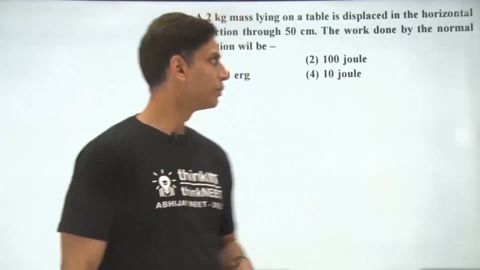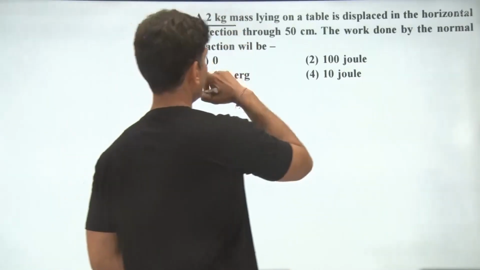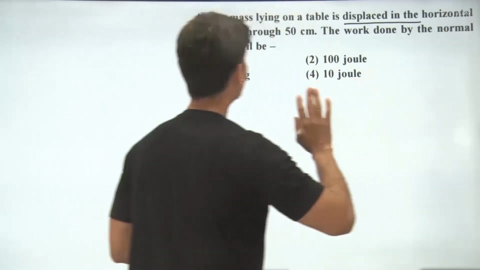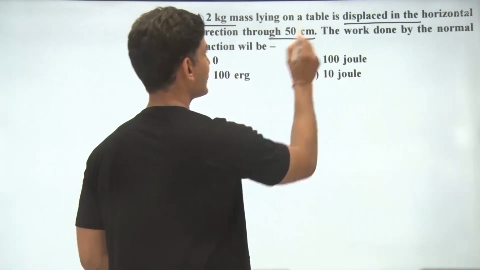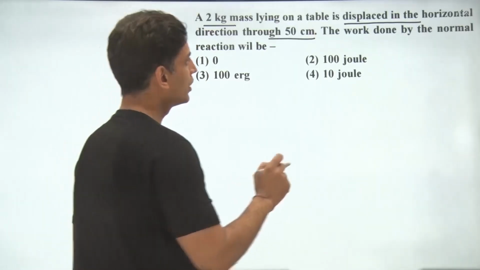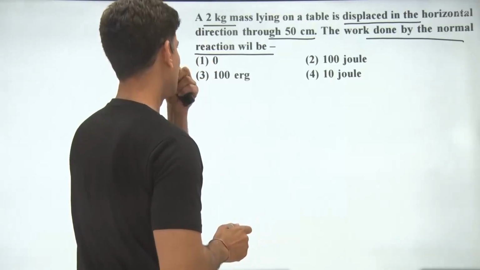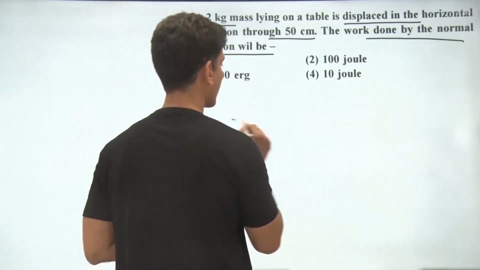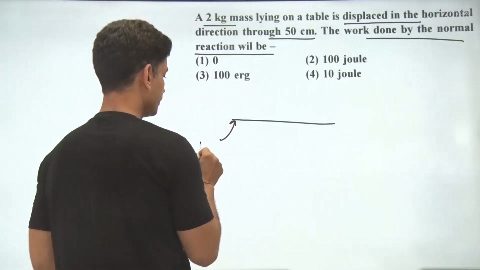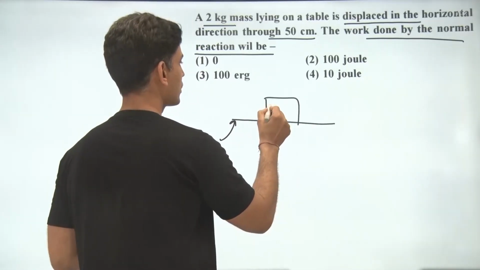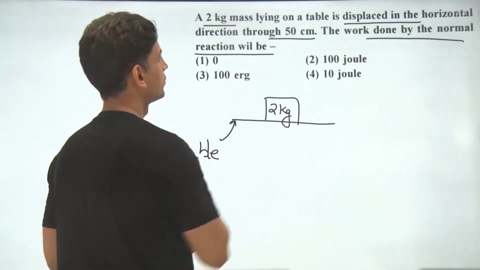The next one is: a 2 kilogram mass lying on a table is displaced in the horizontal direction through 50 centimeter. Work done by the normal reaction will be? So this is the table and a block of mass 2 kilogram is placed like this.